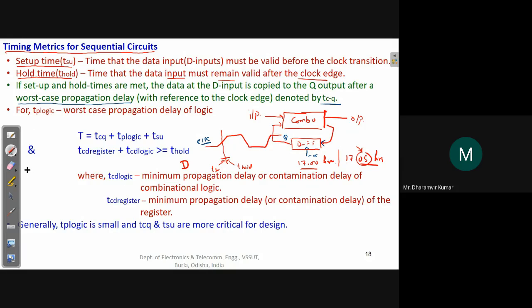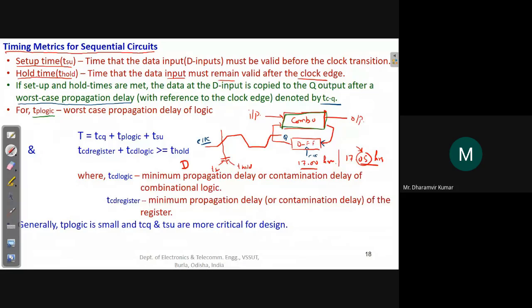Okay, so let's say this TP logic is the worst case propagation delay for logic. Now we have a logical function here. Remember, this is the logical function and this is the memory part.